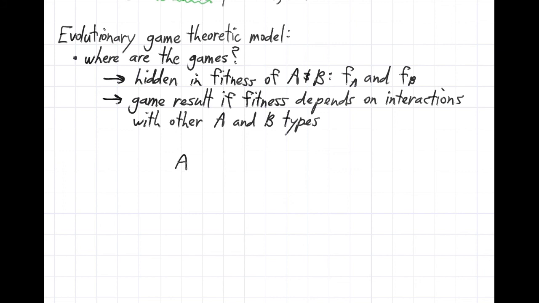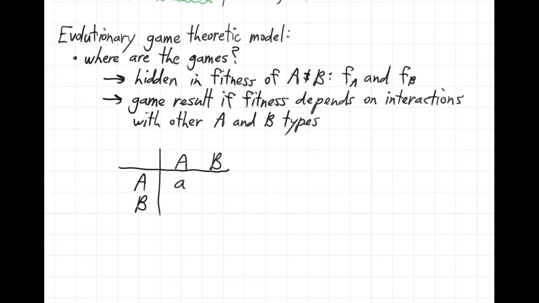So we might imagine a scenario where we have individuals that could be A's or B's, and they're interacting with other individuals that could be A's or B's. And maybe when an A interacts with an A, they get little a.